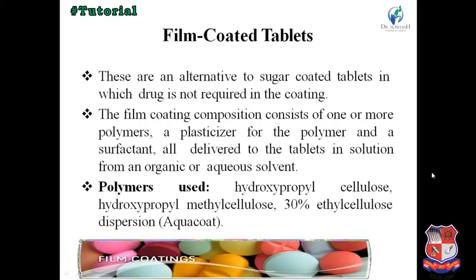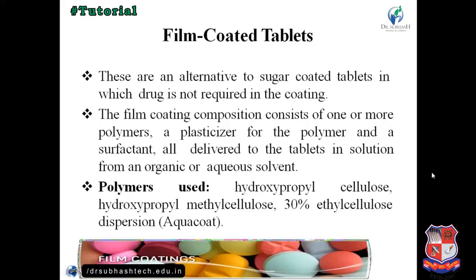Next one is film coated tablets. Film coated tablets are an alternative to sugar coated tablets in which drug is not required in the coating. The film coating composition consists of one or more polymers, a plasticizer for the polymer, and a surfactant, all delivered to the tablets in solution from organic or aqueous solvents.